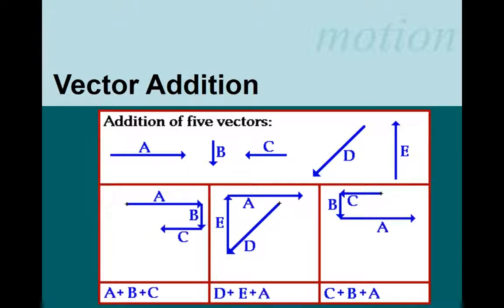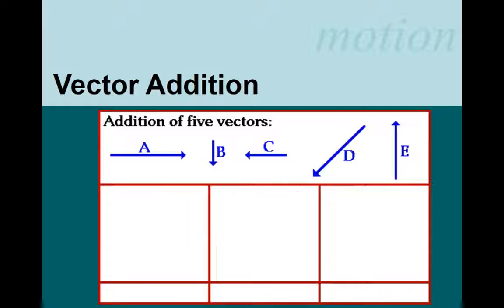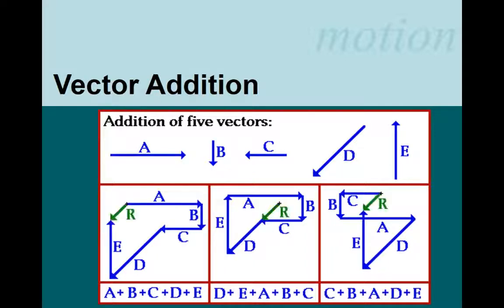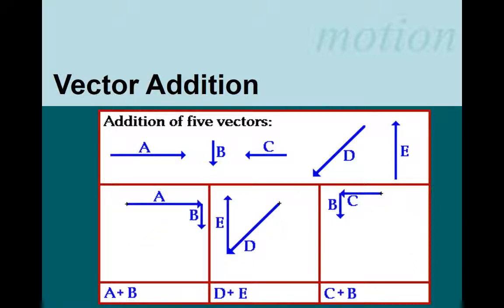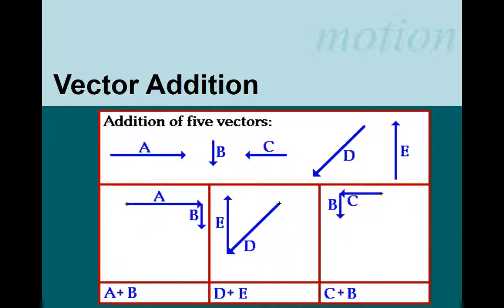In the first one, it's A, B, C, D, E, and then you see the resultant or added vector. If you look at the second or third example, you're doing them in a different order, D, E, A, B, C, but the resultant is actually the same magnitude and same direction. So vector addition is cool in that you can add vectors together as long as you go tail to head, and maintain the angle at which the vector comes off.